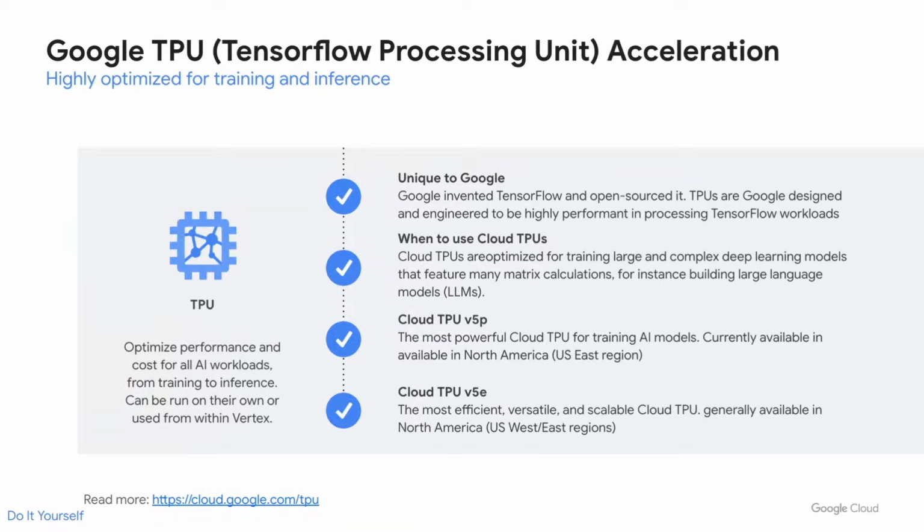TPUs are very similar to GPUs in that they are customized circuits, but they are unique to Google. Google invented a process or a technology called tensors that has become very core to a lot of the AI work that's being done, and open sourced it and made it available to the world.